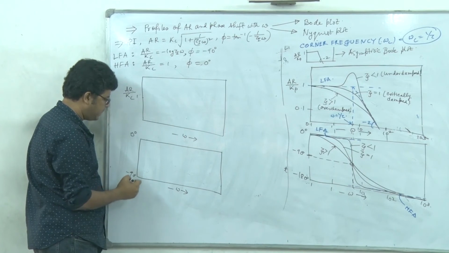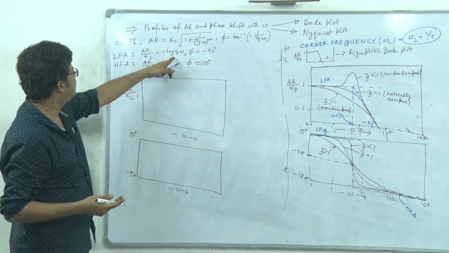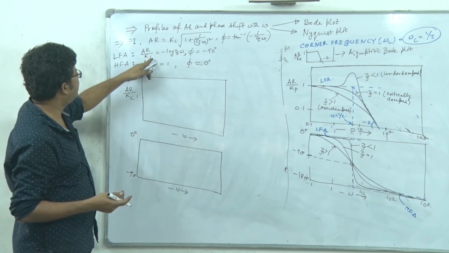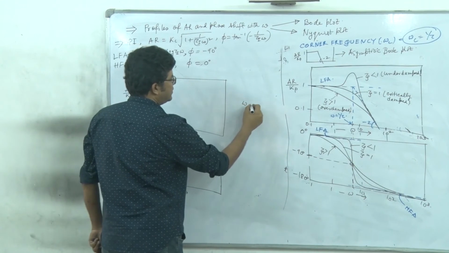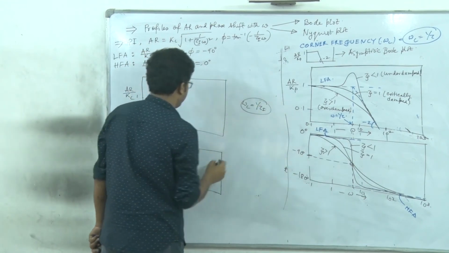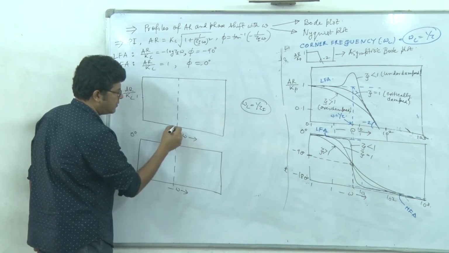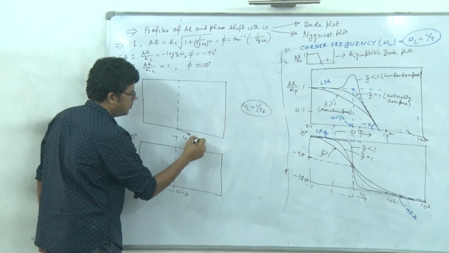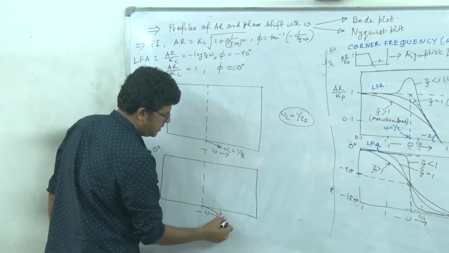Now corner frequency will be here, omega c will be equal to 1 by tau. It's obvious, right? So let's say this value represents this corner frequency. So here omega c equal to 1 by tau I, here omega c equal to 1 by tau I.